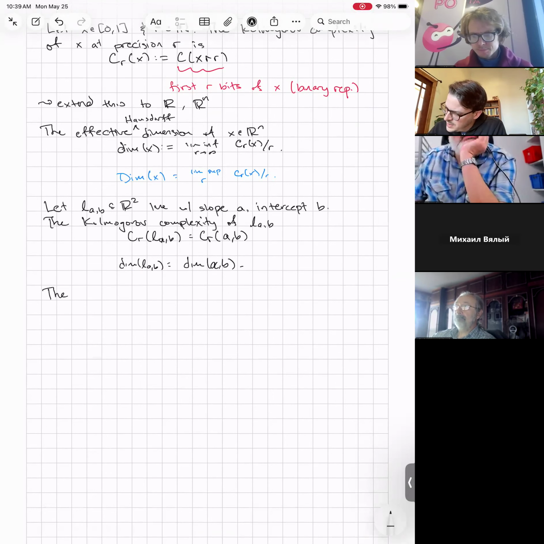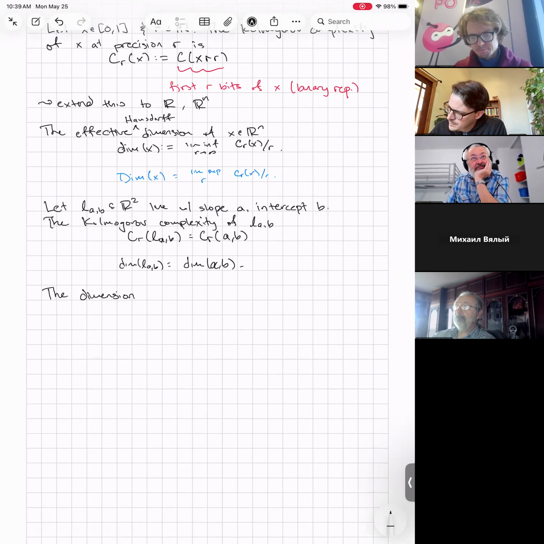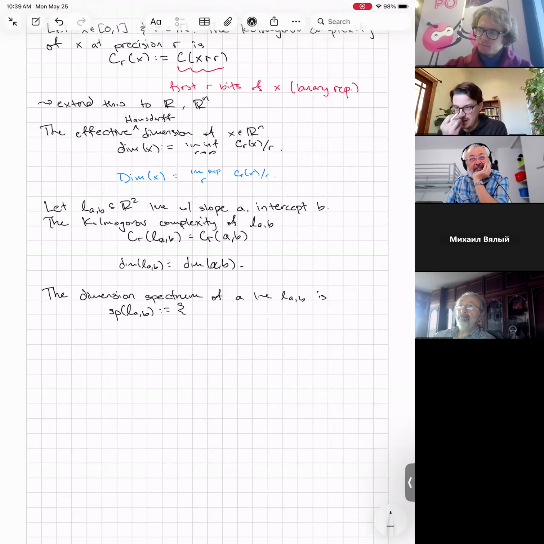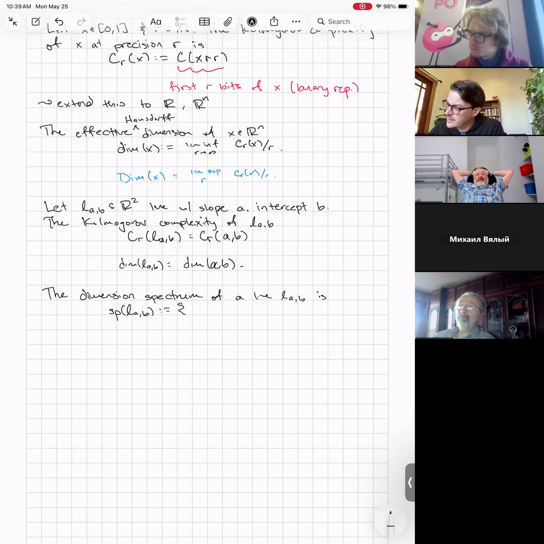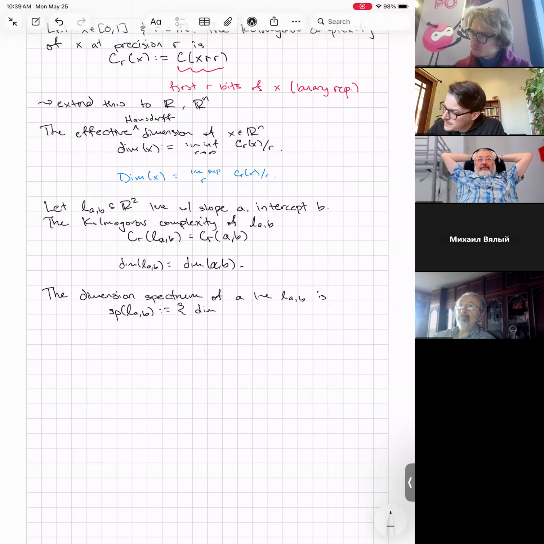So the dimension spectrum of a line L is all the possible effective dimensions, all the possible values of the effective dimension of points on this line. Okay, so we're looking at this set.